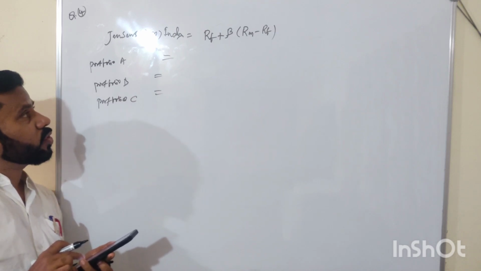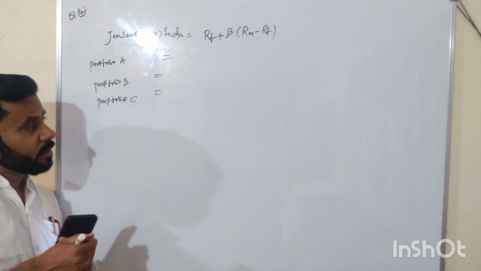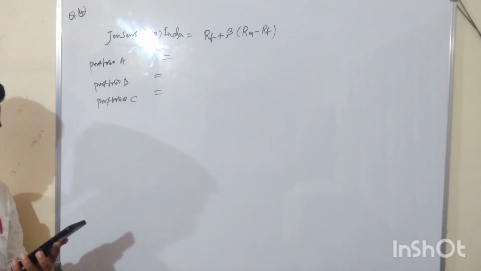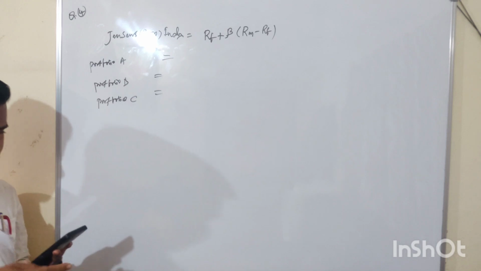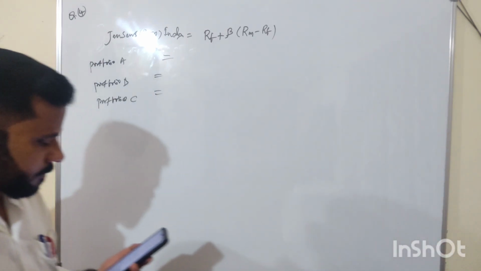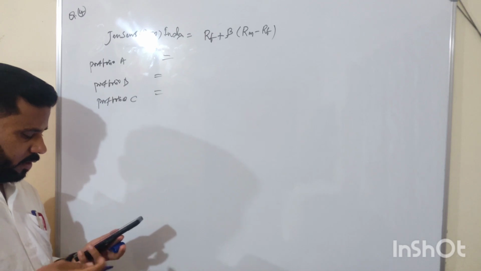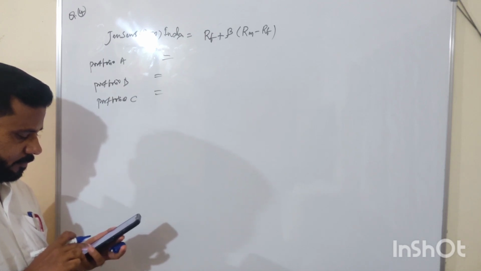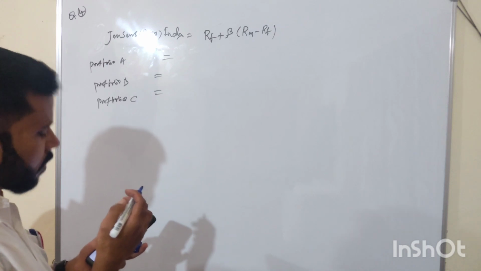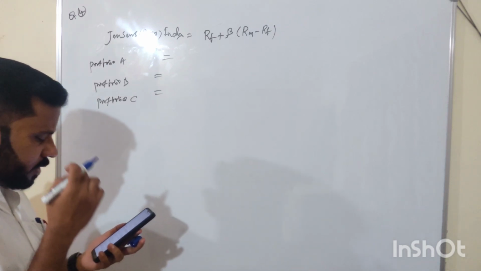Yes, let me check. I am now finding out portfolio A's Jensen's ratio. So what is the RF? The RF is given, not the return on portfolio, the risk-free rate.